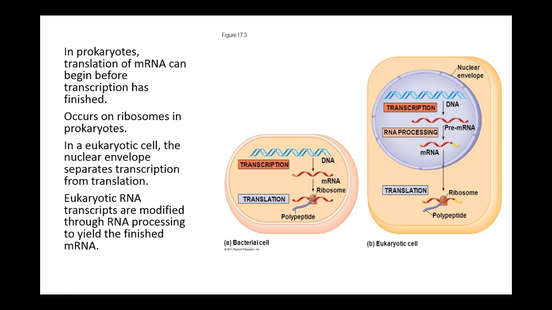There is a difference between prokaryotes and eukaryotes, of course. There's many differences between prokaryotes and eukaryotes. The big thing is that in prokaryotes, translation of messenger RNA can begin before transcription has finished. So remember, in prokaryotes there are no membrane-bound organelles.